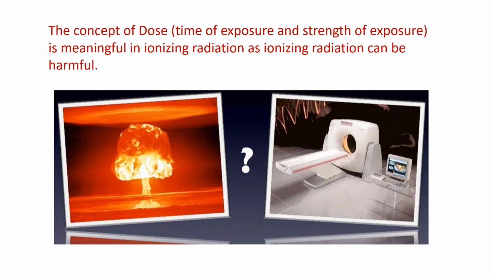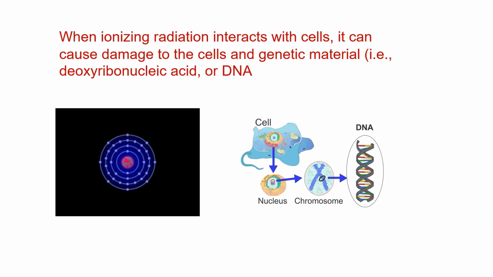The concept of dose is based upon time of exposure and strength of exposure. This concept is meaningful in ionizing radiation, as ionizing radiation can be harmful. We need to make sure that we understand that it can be harmful to the cells or tissues that it interacts with.